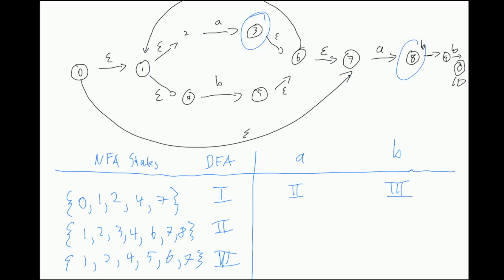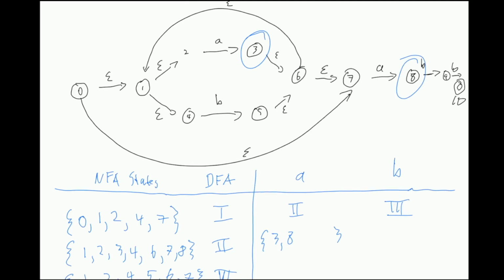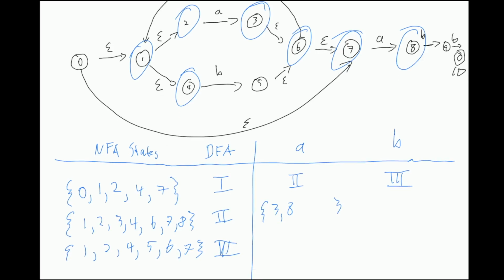So we go to 3 and 8. So we're working on this part of the table. We see 3 and 8. If we're in states 3 and 8 and we do the epsilon closure, what states do we enter? We enter 6, 7, and 6 takes us to 1, 2, and 4. These are the epsilon closure of transitioning from 3 and 8.